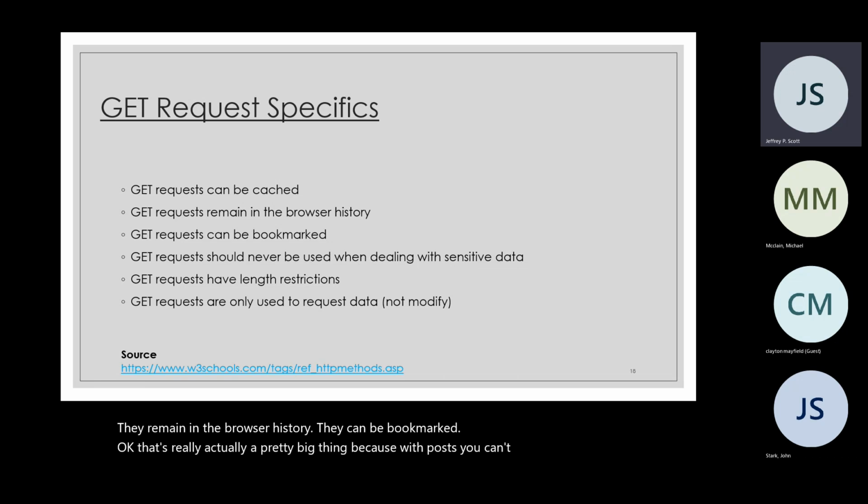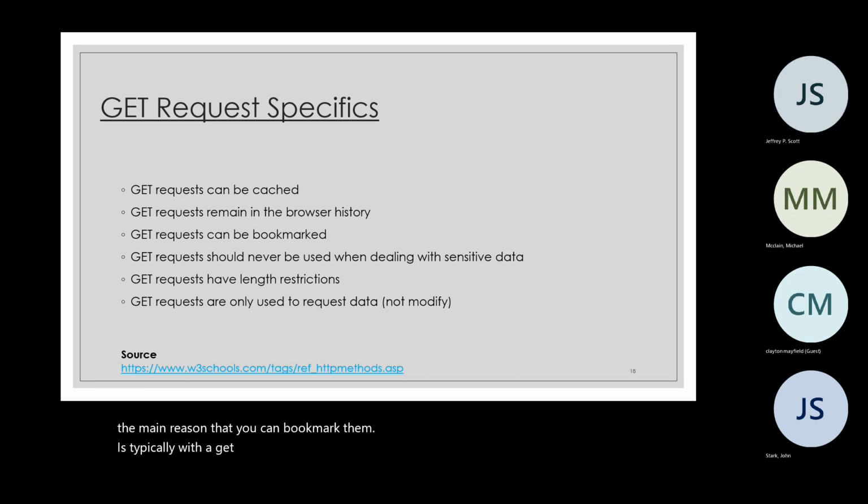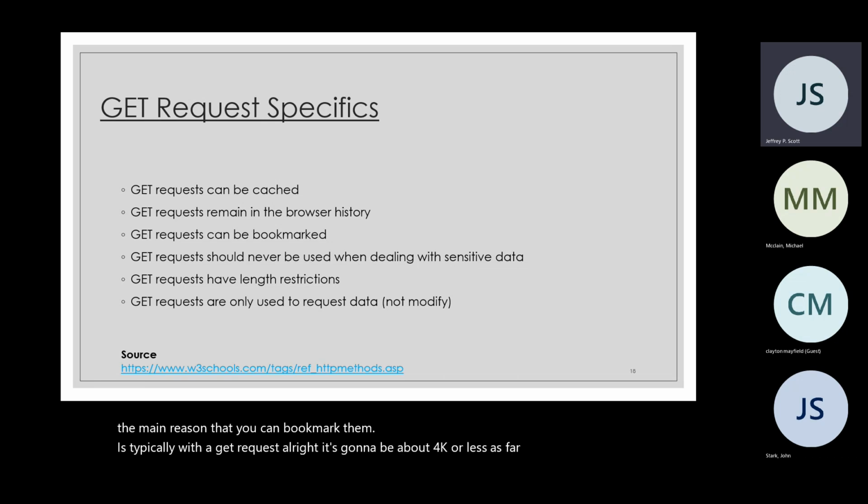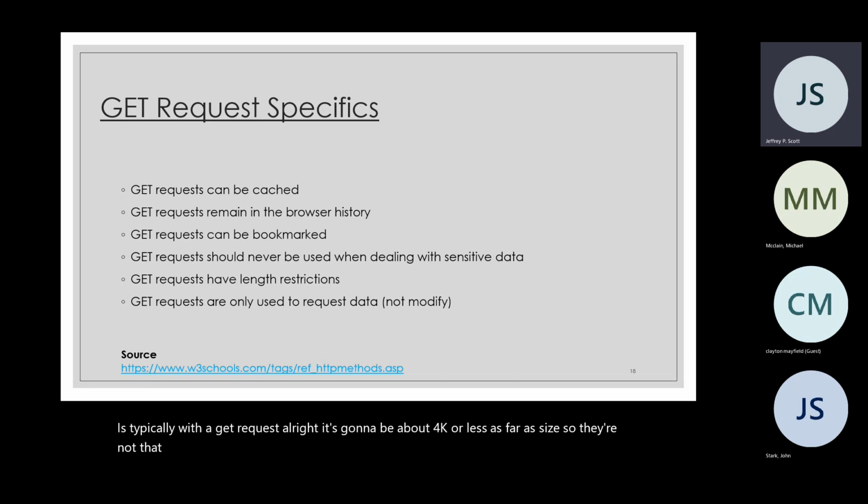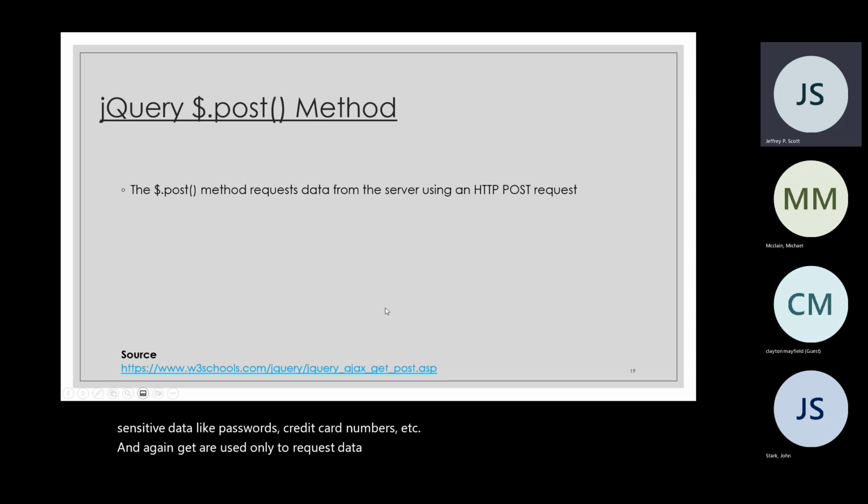The main reason you can bookmark them is that a get request is typically about 4K or less in size. So they're not that big. Remember, you should never use a get when you're dealing with sensitive data like passwords, credit card numbers, etc. And again, get requests are used only to request data and not to modify it.